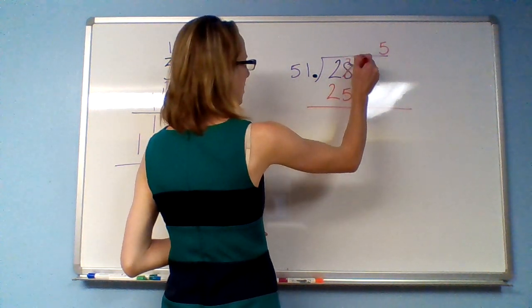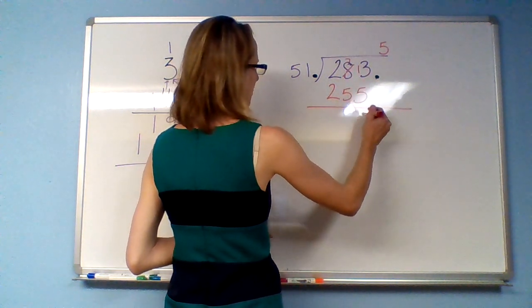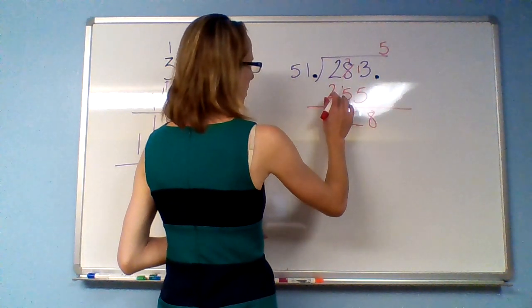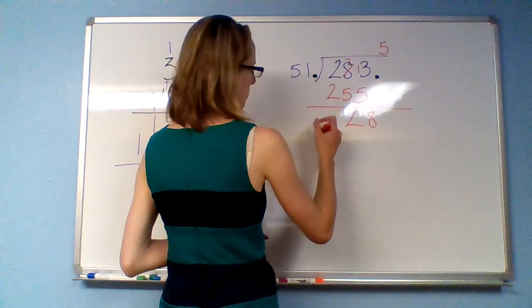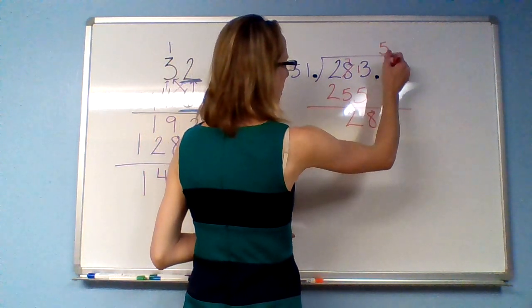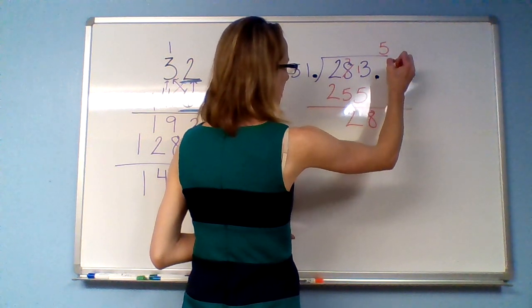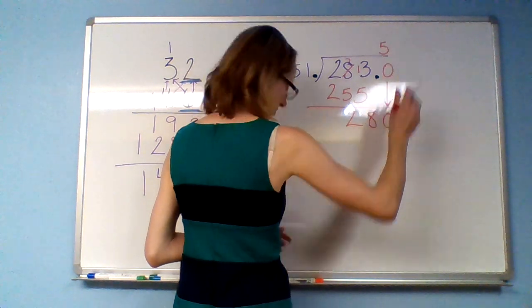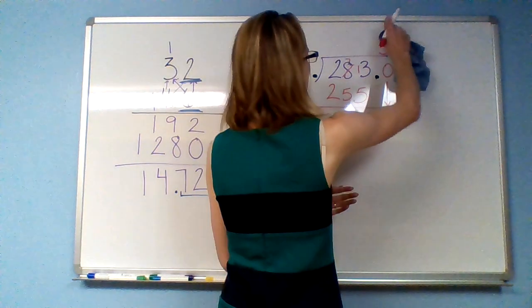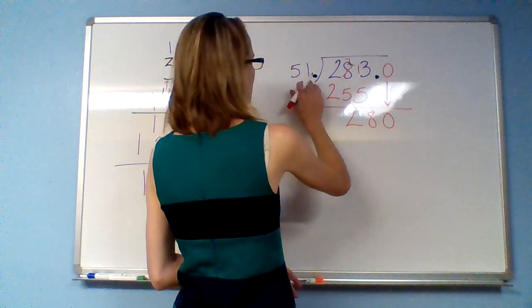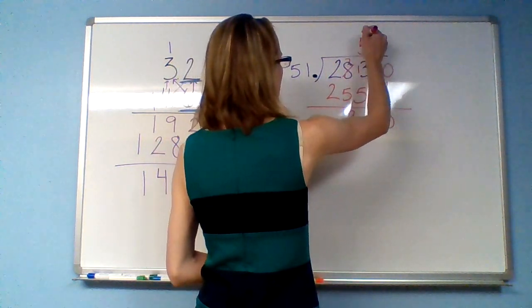Now I subtract. 13 minus 5 is 8. 7 minus 5 is 2. 2 minus 2 is 0. So 28. I need to bring down my 0 here. I wrote my 5 a little too far to the right. So 283 divided by 51 was 5 wholes.